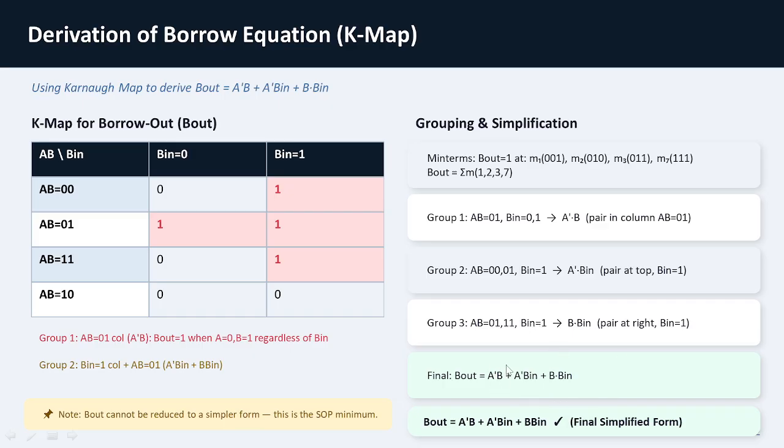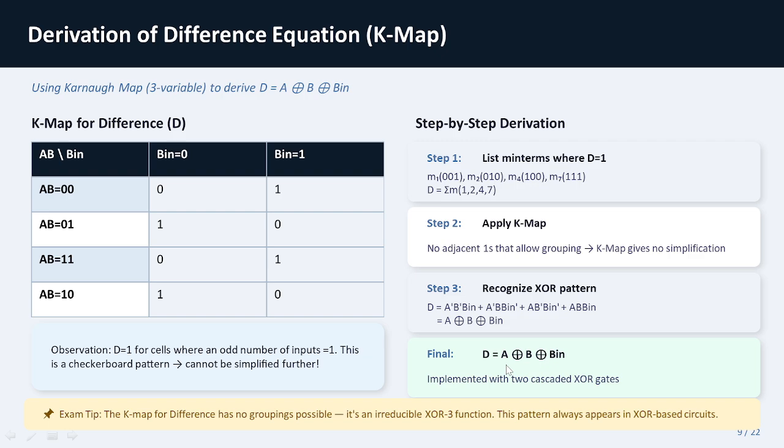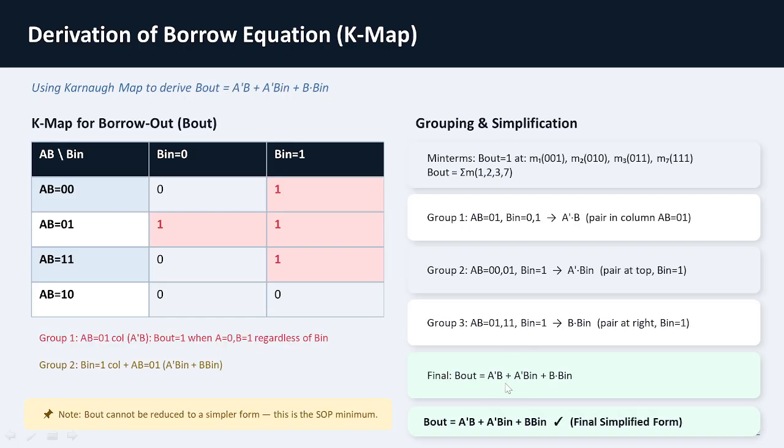Just compare this value. Here I have three inputs, and just compare this, we have two inputs, an equation with two inputs, OR gate, AND gate, right? So this is how you're going to simplify.